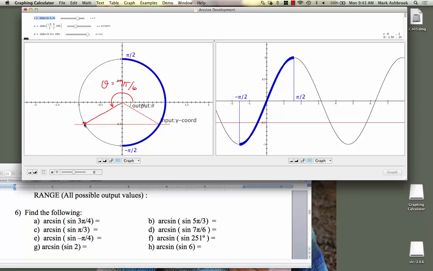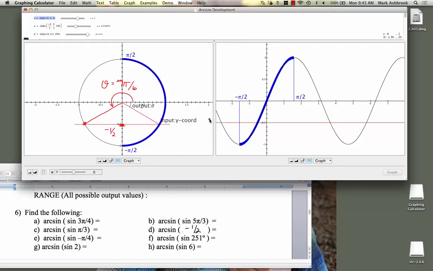It puts us at this point on the circle, which gives us a sine of negative 1/2. So now we're doing the arc sine of negative 1/2. What angle between negative pi over 2 and pi over 2 gives us a vertical distance of negative 1/2?